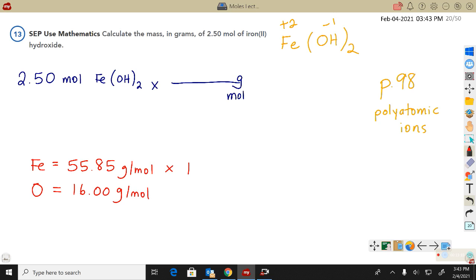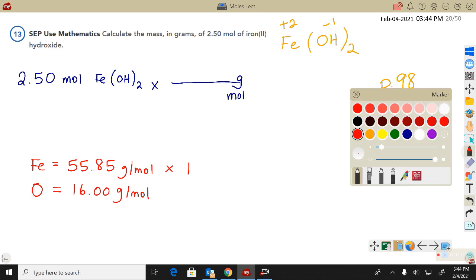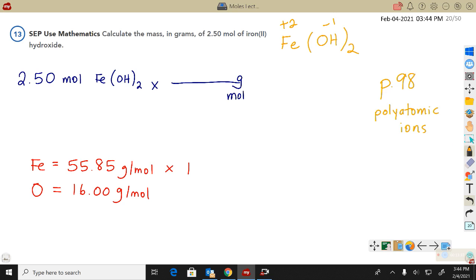But now I don't know if we've seen one of these yet. Okay, so iron hydroxide. We kind of talked about what this (OH)2 meant earlier in the year when we were doing bonding, but now we have to find the mass of this guy. So remember that it means there are 2 groups of hydroxide. We could have written this in kind of a funky way as iron hydroxide, where the iron is +2, -1, -1, everything's neutral.